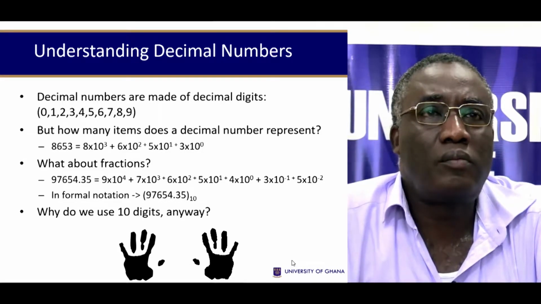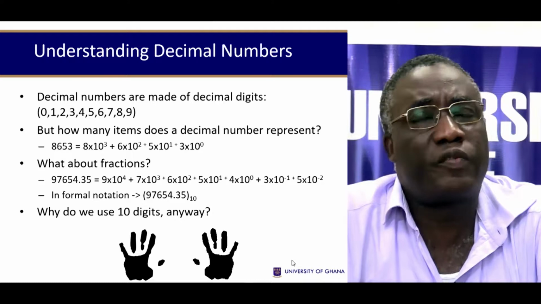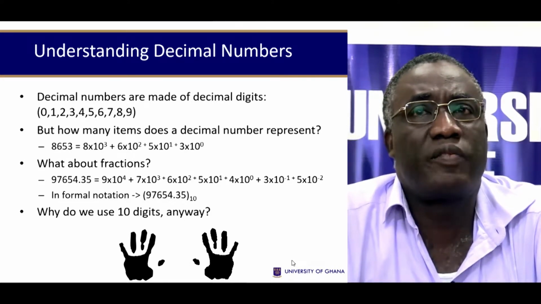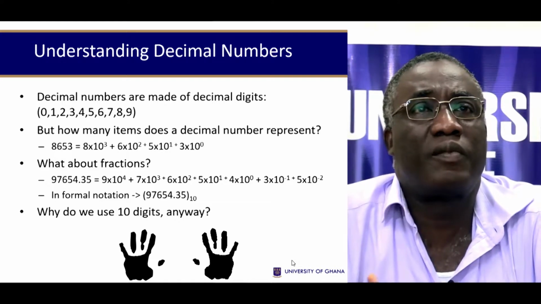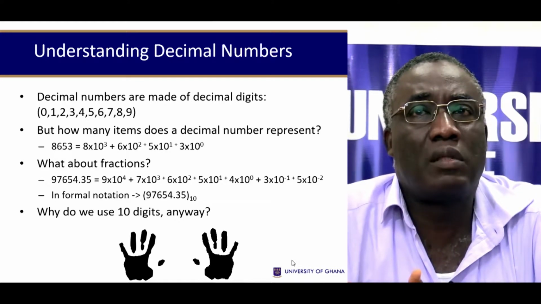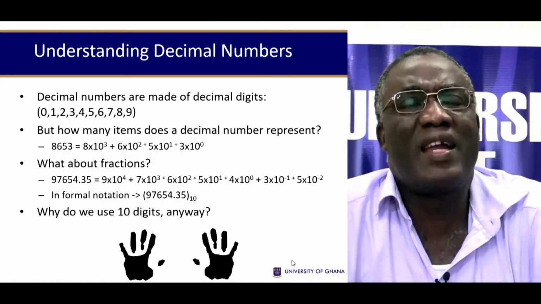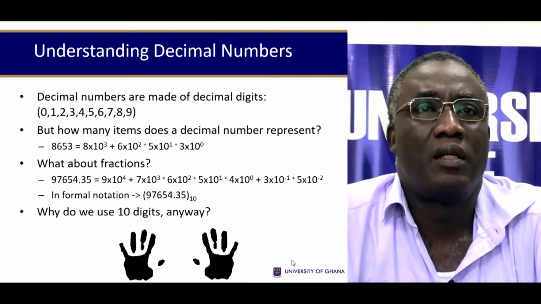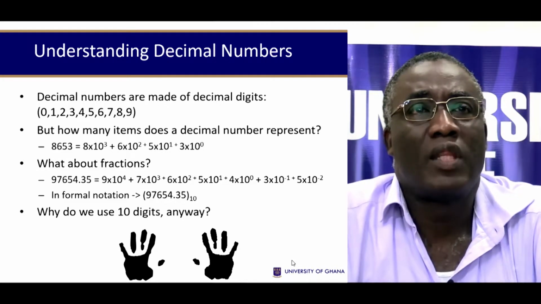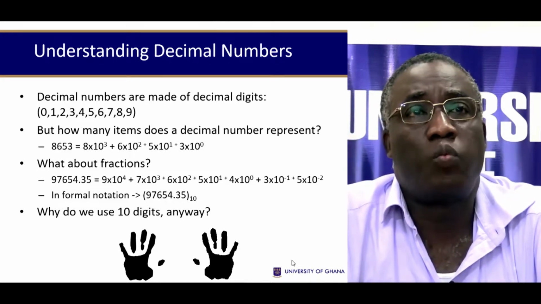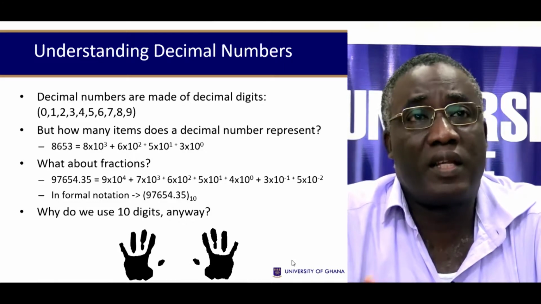But what about fractions? How do you represent the fractional part? Well, instead of tens you have tenths and hundredths. So a number like 97,654.35, we are interested in the decimal aspect.